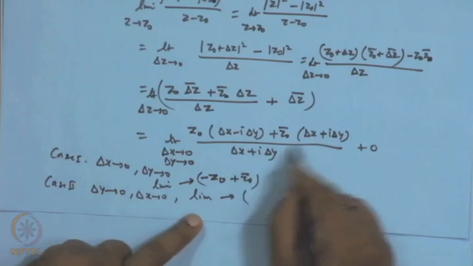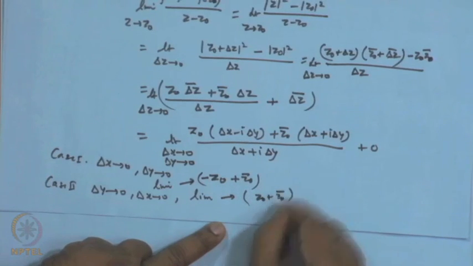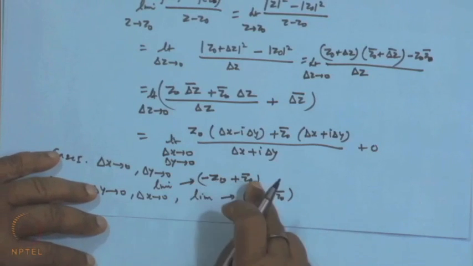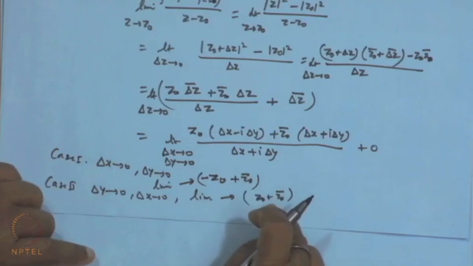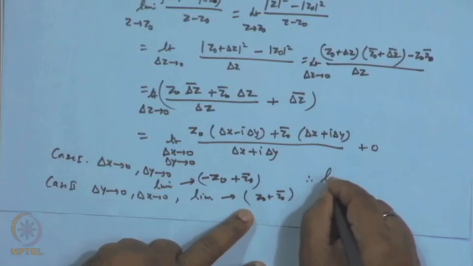So, this part is 0, delta x out. So, limit will be z naught plus z naught bar. Now, here you are getting z naught plus z naught bar, here you are getting minus z naught plus z naught bar. These two differ. Therefore, limit does not exist.